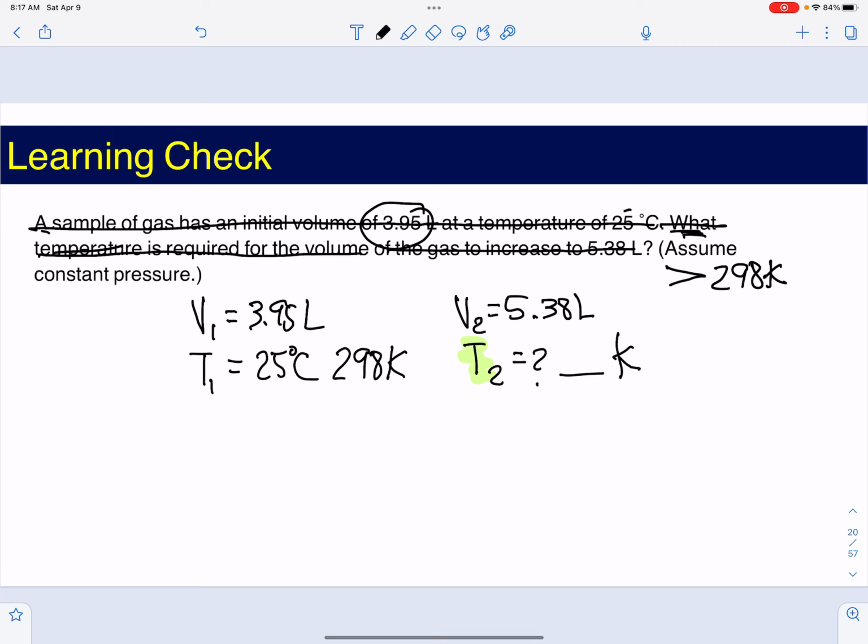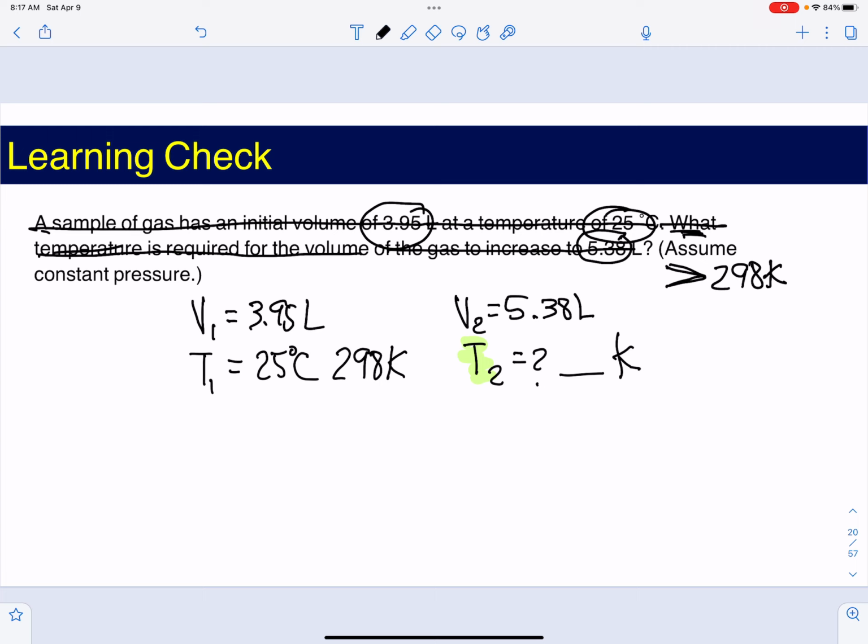T1, 25, which is 298 Kelvin. What temperature is required, T2, for the volume of the gas to increase to 5.38? So the volume is definitely going up, which means my temperature had to go up. So my temperature is going to have to be over 298. So my initial analysis is right.